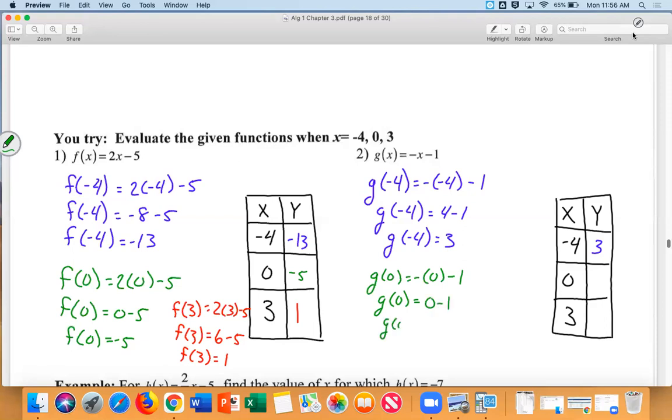Not 0. Negative 1. Louis, what is negative 3 minus 1? Negative 4. No, you're fine. You're just thinking so quick. Here we go. All right. Now, I'm going to stop right there for today.